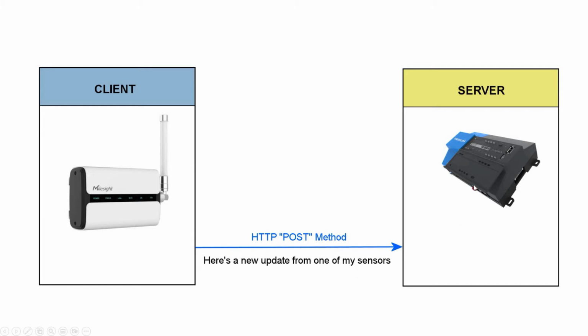It goes into the Niagara 4 HTTP servlet out of our Innon API palette. And then that is sent downstream into some JSON modules out of the JSON kit to decode the data coming from the Milesight sensors and put it into Niagara 4 components and slots for you to use in your station.